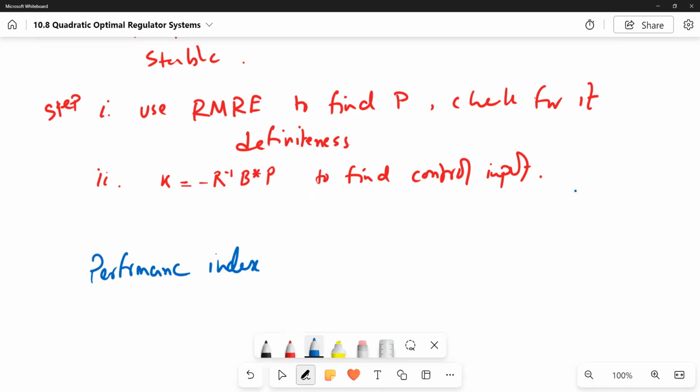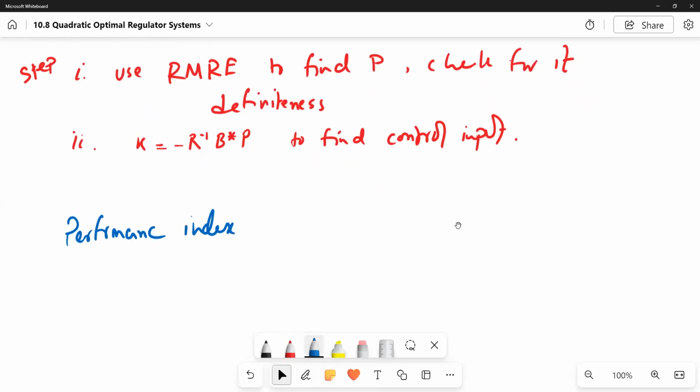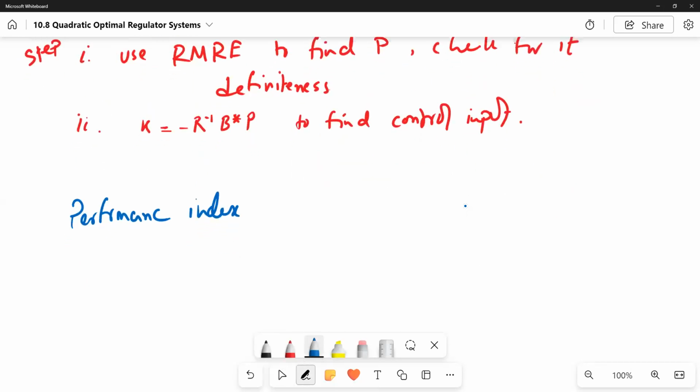We can write our performance index J equal to the integral from 0 to infinity of y transpose Q y plus u star R u dt.